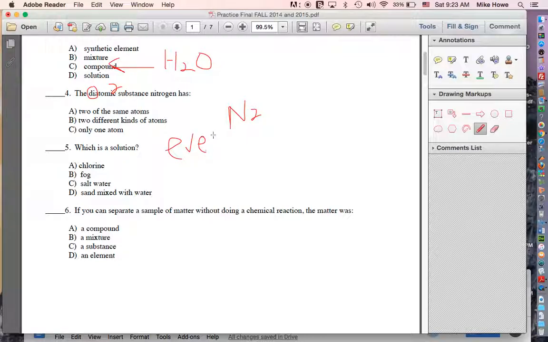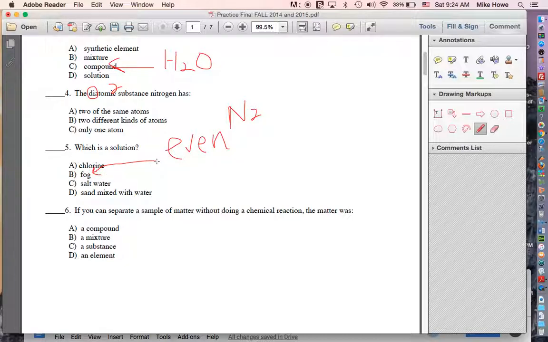So if they're a mixture, they have two different identities. So here we've got chlorine, that's an element. We've got fog, which is a mixture. We've got salt water, which is a mixture. And we've got sand, which is mixed with water, so that's a mixture too. But you see, fog is not completely evenly mixed.